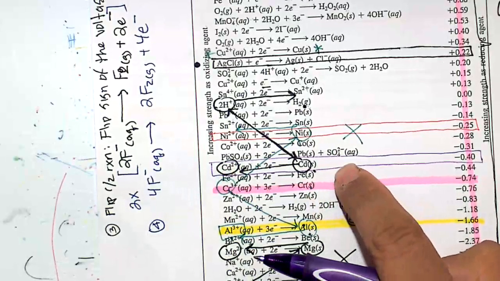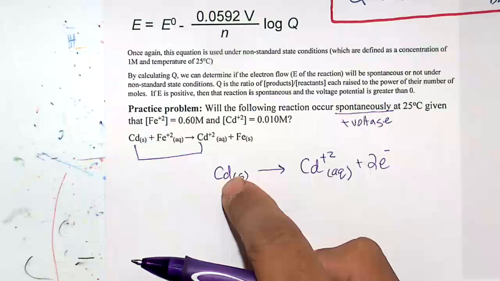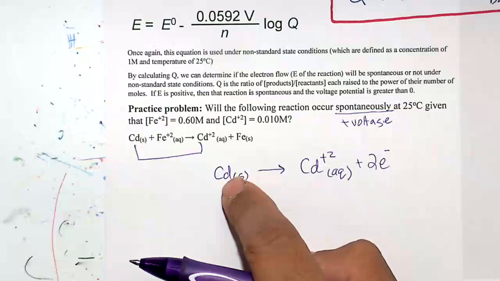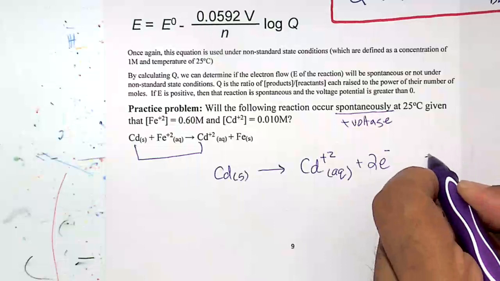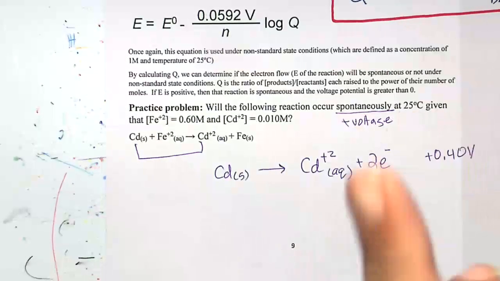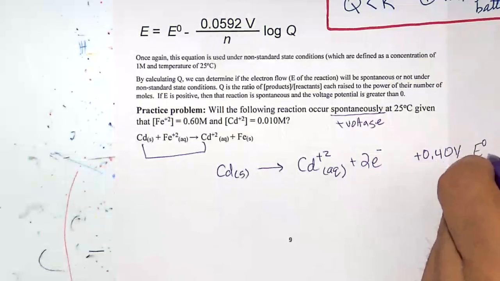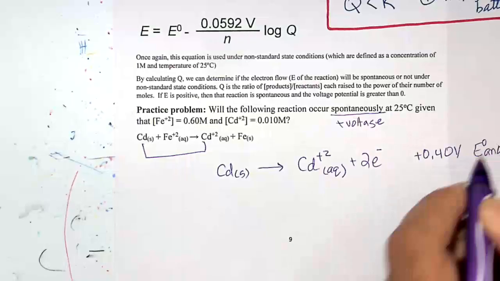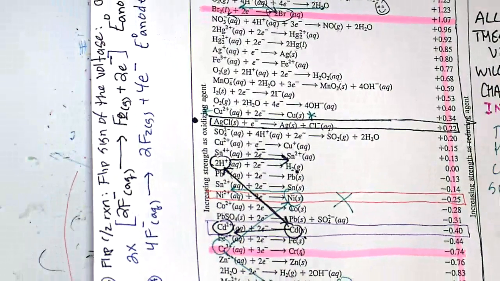This is reduction. But in this problem, we see it losing 2 electrons, so it's oxidation. We will flip it. Does everyone see why I flipped the sign? Yes, it's losing 2 electrons.